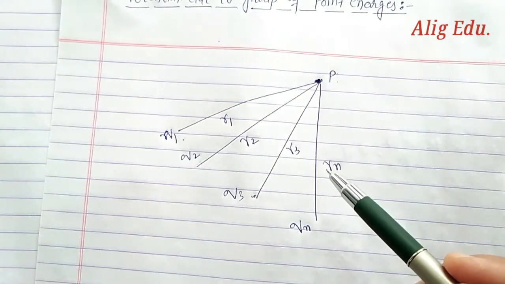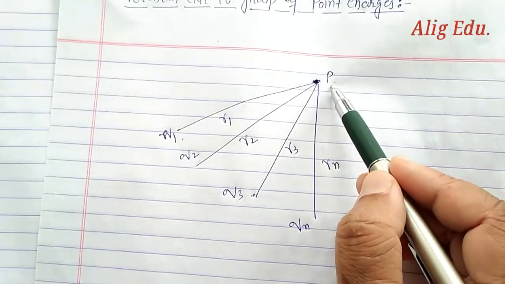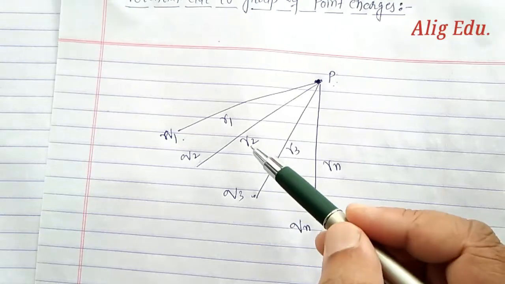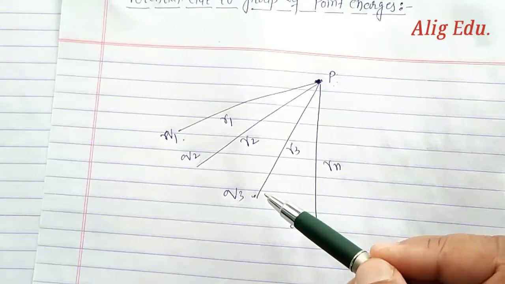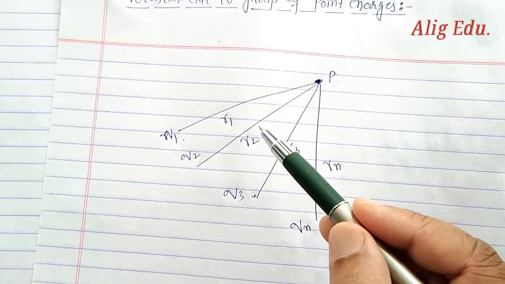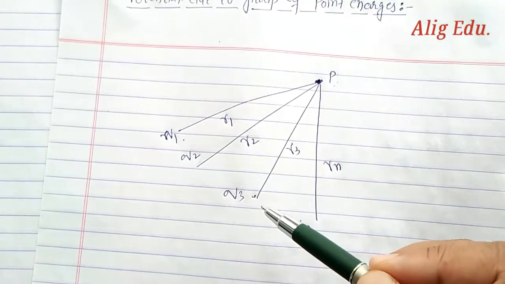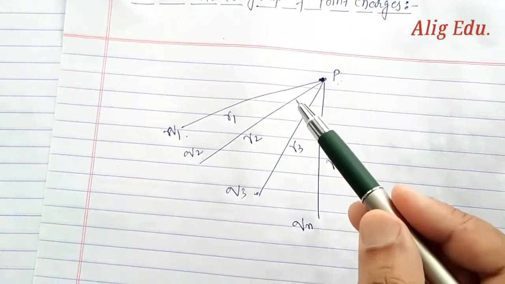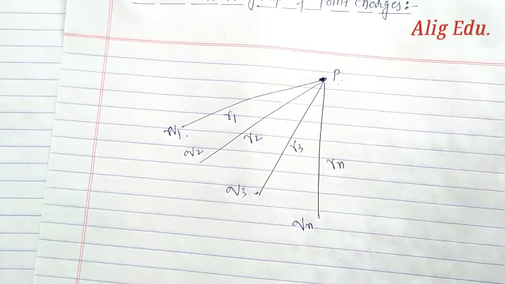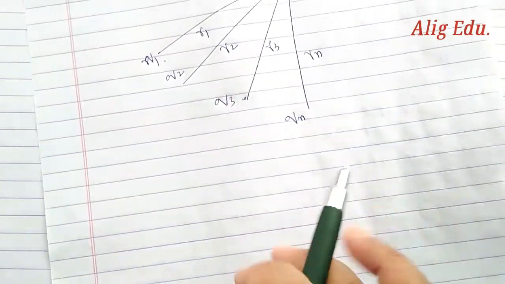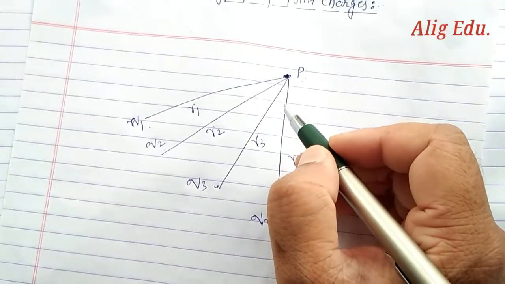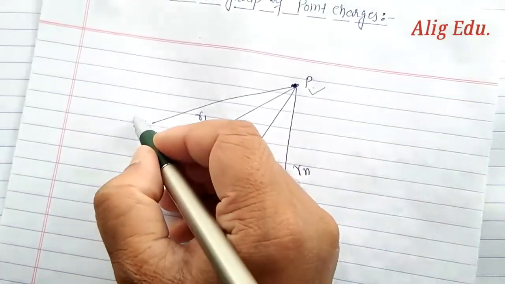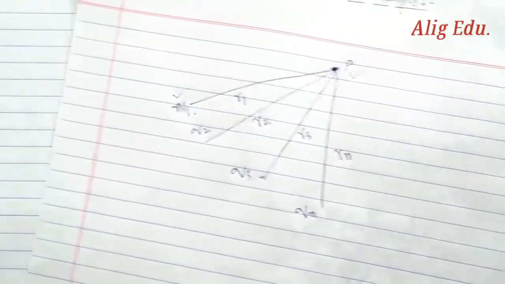The electrostatic potential at point P due to these charges is found by calculating electrostatic potential at P due to individual charges, assuming that the other charges are absent, and then adding these potentials algebraically. So first of all we have to calculate potential at P due to this charge, which is a single point charge.